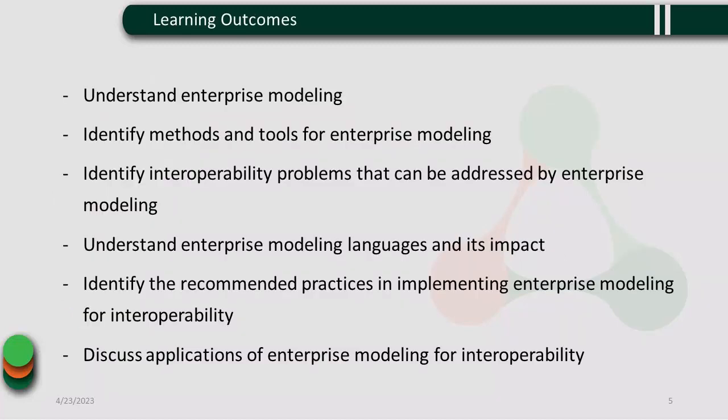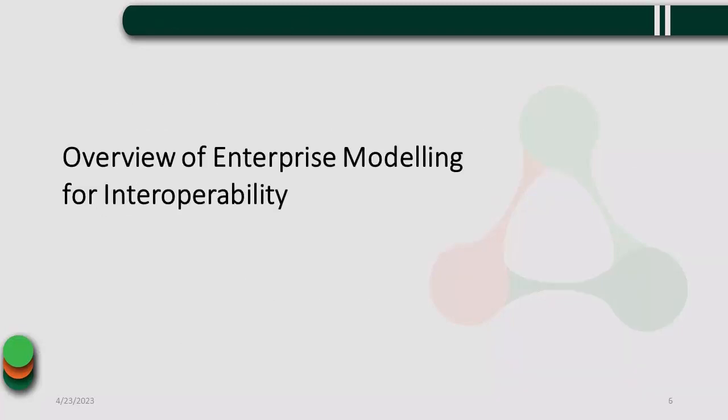By the end of this chapter, you will be able to understand enterprise modeling, identify methods and tools for enterprise modeling, identify interoperability problems that can be addressed by enterprise modeling, understand enterprise modeling languages and their impact on working on interoperability scenarios, identify the recommended practices in implementing enterprise modeling for interoperability, and discuss applications of enterprise modeling for interoperability.